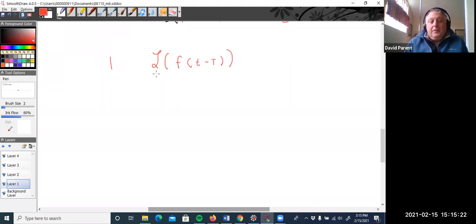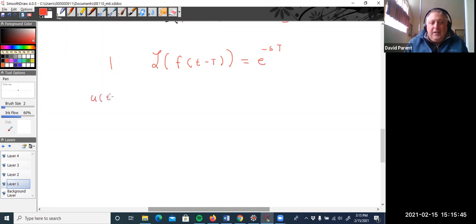So if I want to denote taking the Laplace transform, I just put an L. All right. And this is the time shifting property. It is almost, like, by inspection, right?